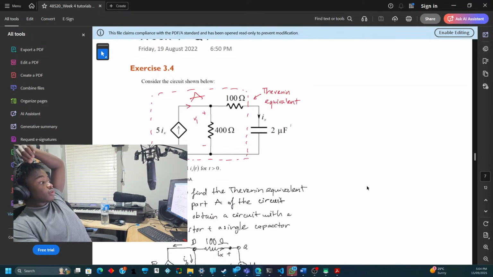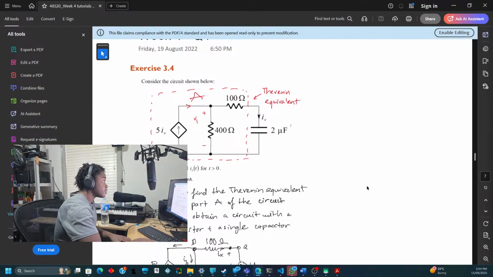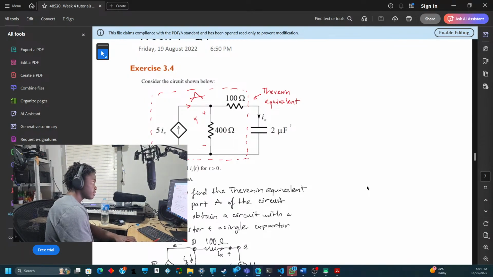Okay. Let's see what it's saying. So it's saying there are two nodes here.